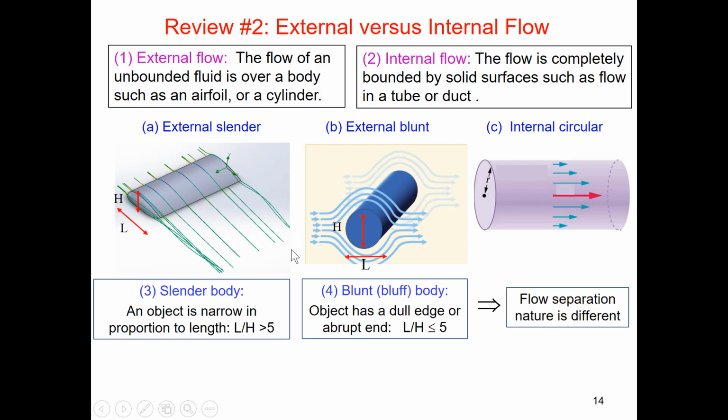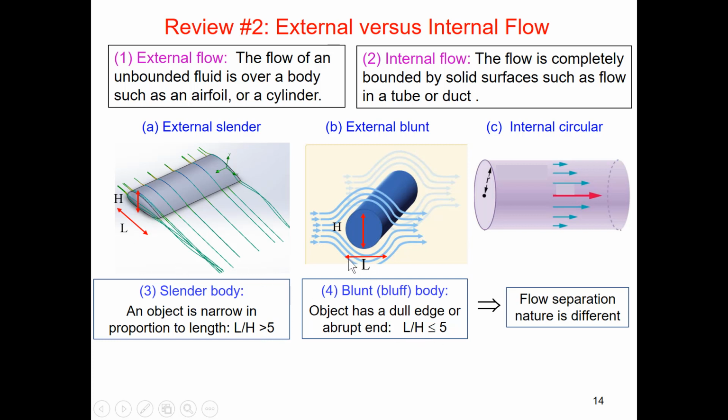For external flow, the solid body is further classified as a slender body or blunt body. If the body length compared to the height is much larger, or the ratio of these two is greater than 5, it is defined as a slender body.